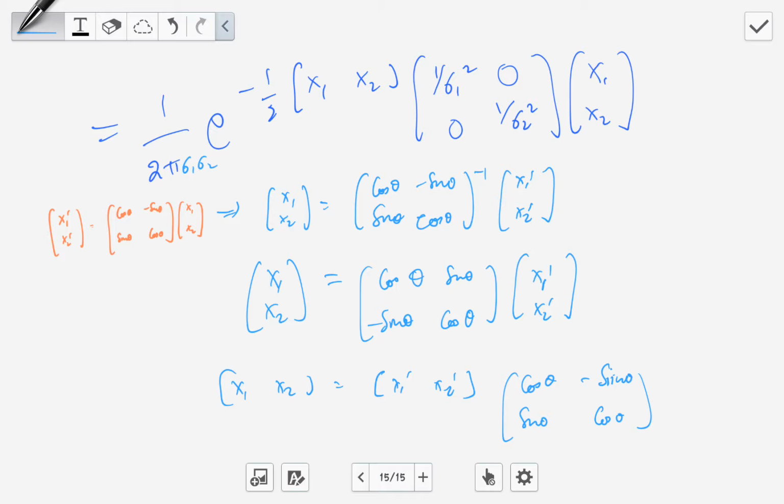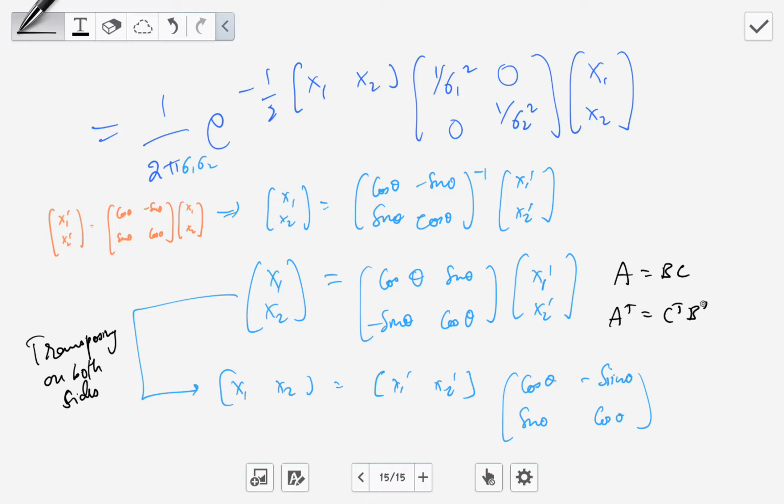Transposing on both sides, right? If A is equal to BC, A transpose is C transpose B transpose. That's what I did. You understood, no? Now we want to plug this in, so let us make this all small.